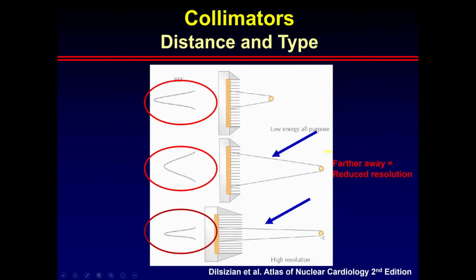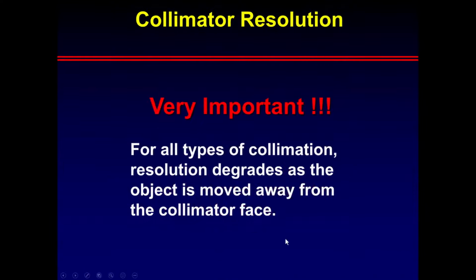Obviously, the best of all worlds is to make sure that the point source or the patient gets as close to the camera as possible, okay? So for all types of collimators, resolution degrades as the object is moved away from the collimator face. And that's extremely important when we image patients, to make sure that the gamma camera is as close to the patient as possible.